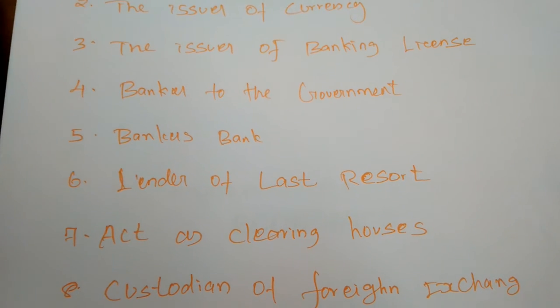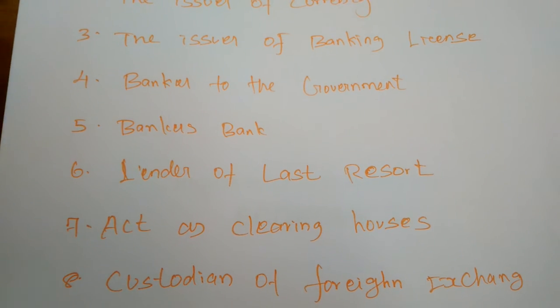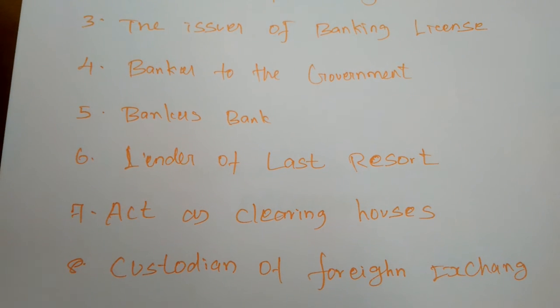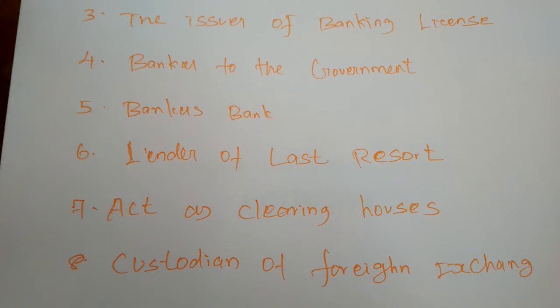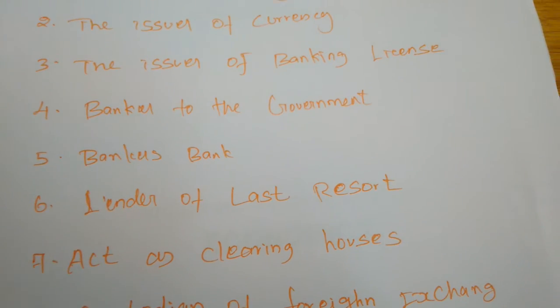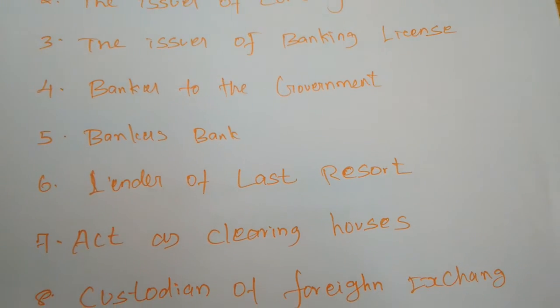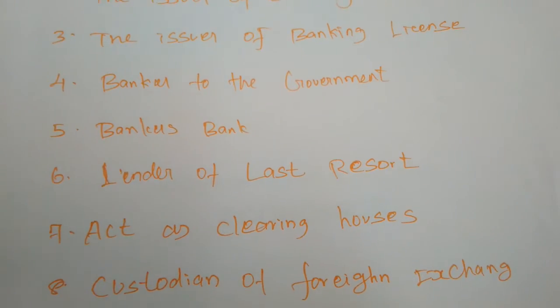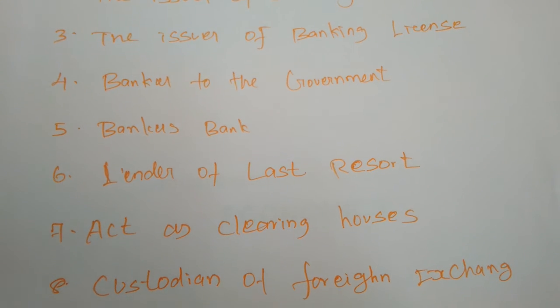On behalf of the government, the Reserve Bank of India does the buying and selling of the securities. It also advises the government on banking and financial subjects. Whenever the government needs advice to improve its financials, it provides that advice.